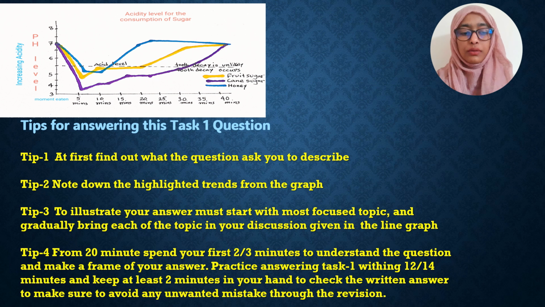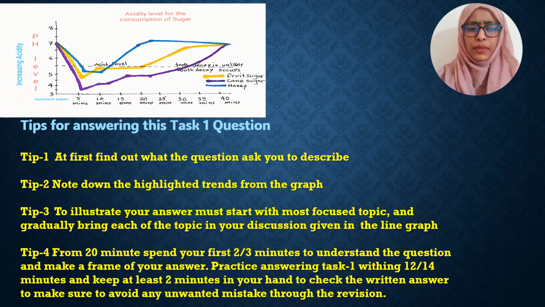It is a very crucial part for every writing, not only for Task 1, for Task 2 as well. Maybe the time splitting will be a little bit different, but time management is very crucial for your writing.